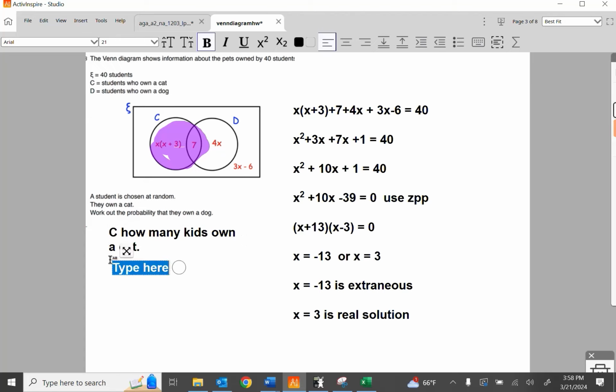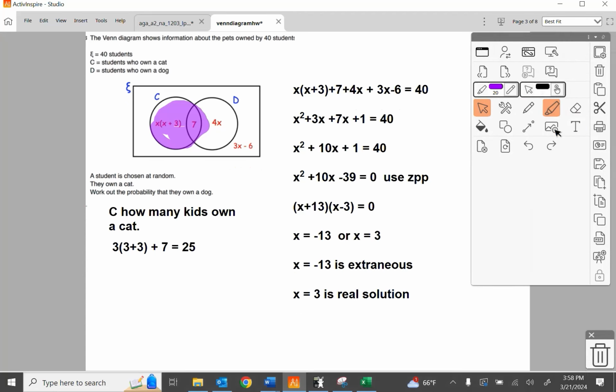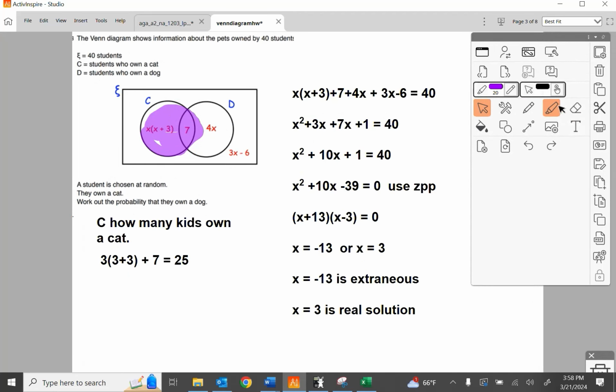So the number of kids who own a cat is going to be 3 times 3 plus 3, add that 7. And that's going to give us 25. So there's 25 kids who own a cat. Of those kids who own a cat, 7 also own a dog. You got this overlap space right there. That's 7.